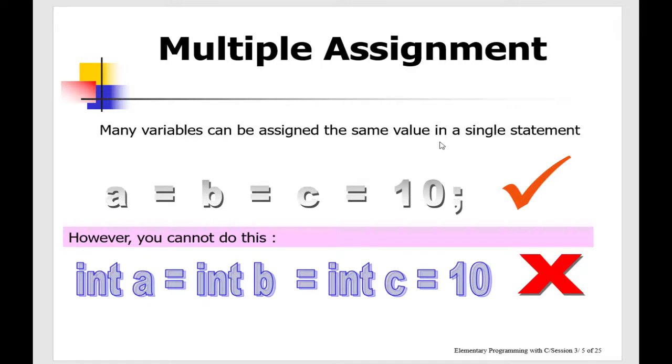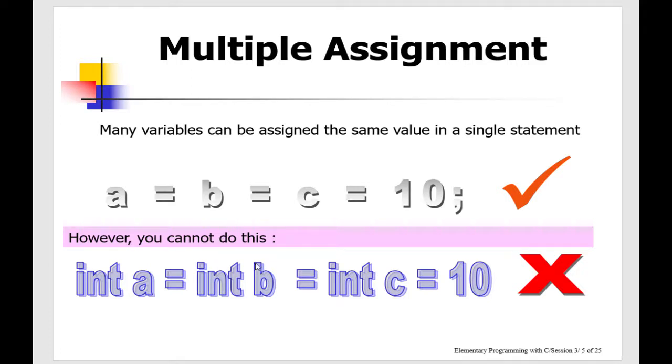What is this thing I'm calling associativity? Associativity means that we evaluate it starting from the right side, moving towards the left. This means that this assignment is going to take 10, assign it to C, take the value in C which is 10, assign it to B, and do the same for A. However, you are not allowed to do this in the C programming language.